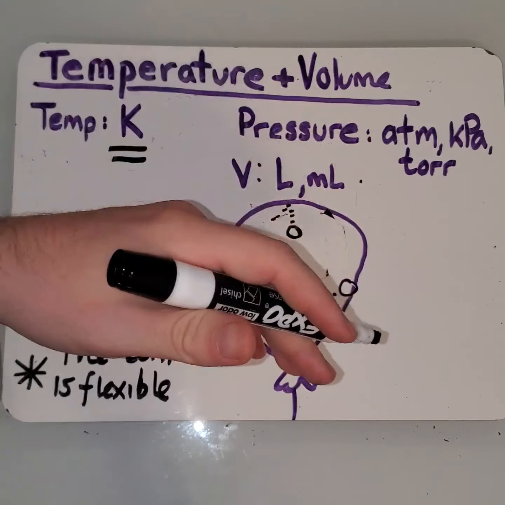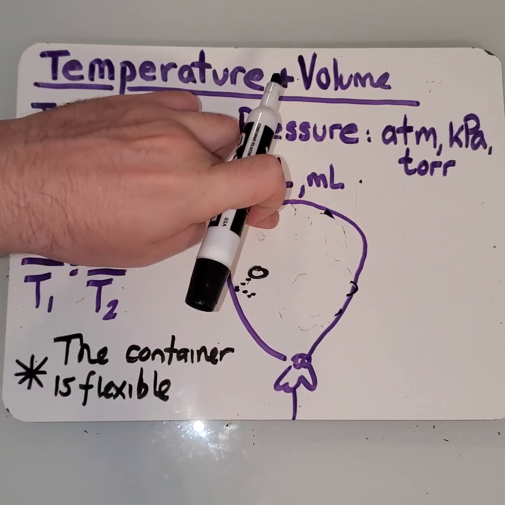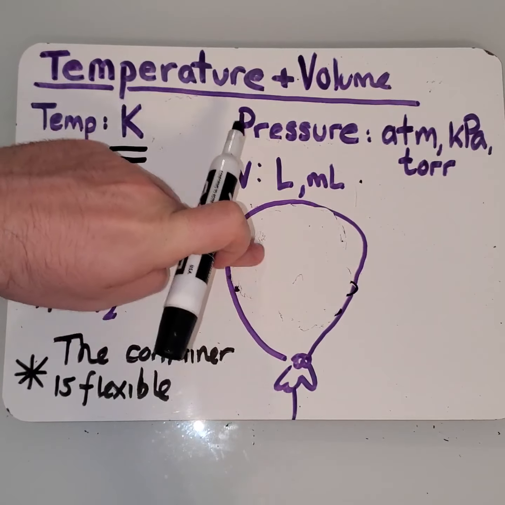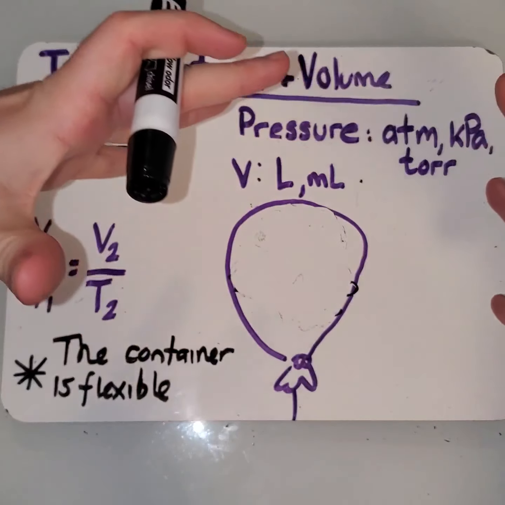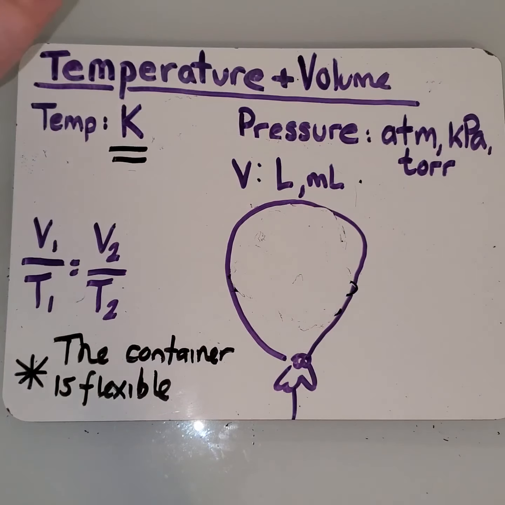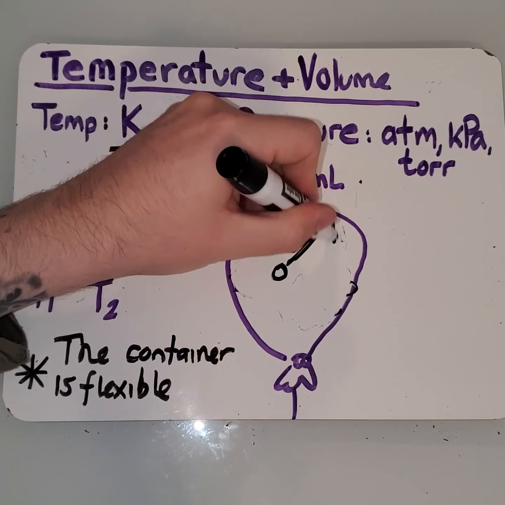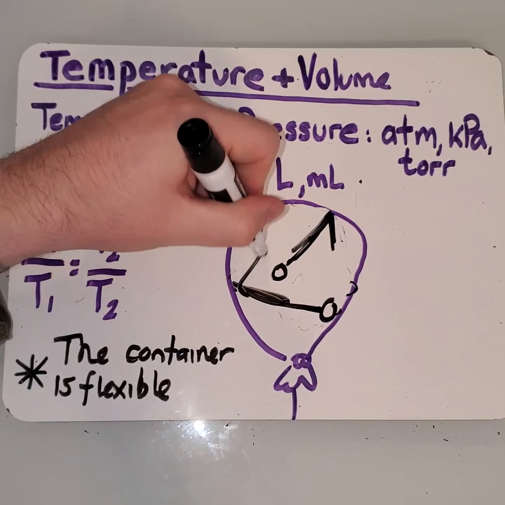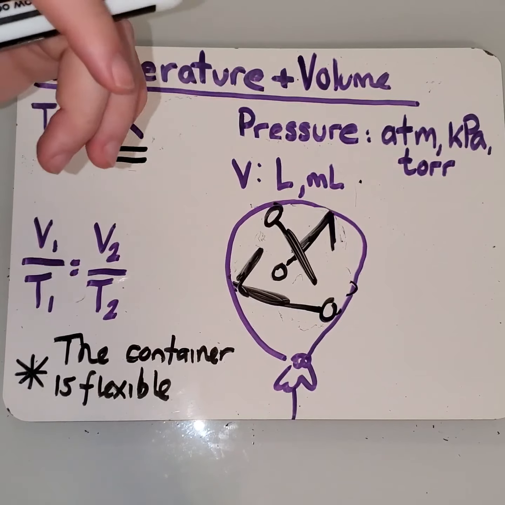Now, alternatively, if you take your balloon and you hold it over an open flame, which I don't recommend that you do, then what's going to happen is that the balloon will expand. And let's think about why. Well, those particles are going to start moving very quickly as you heat them up. And they're going to start striking the walls of the container with much more force.